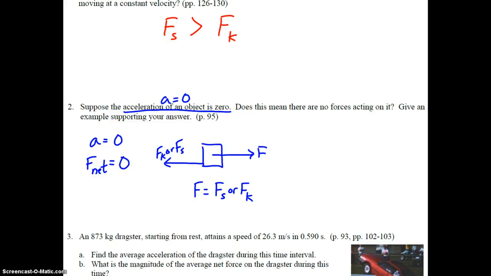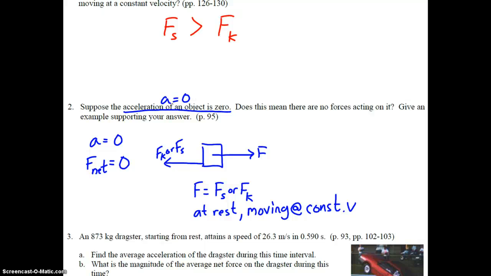It would either be at rest or moving at constant velocity. So there are two conditions in which an object cannot be accelerating. It can be at rest. If that's the case, the forward force and the static friction are equal and you just have not broken the object free from static friction yet.